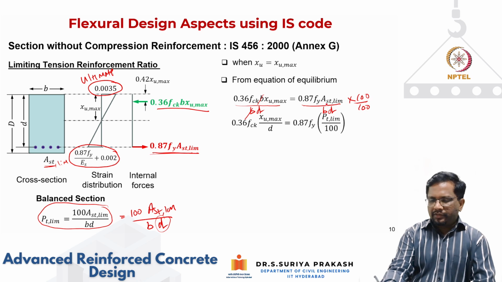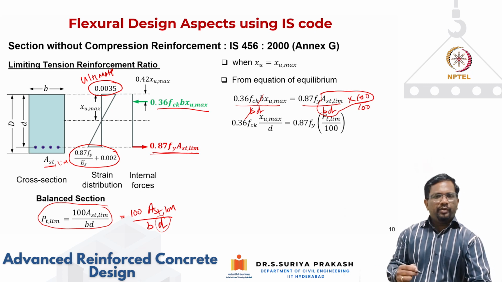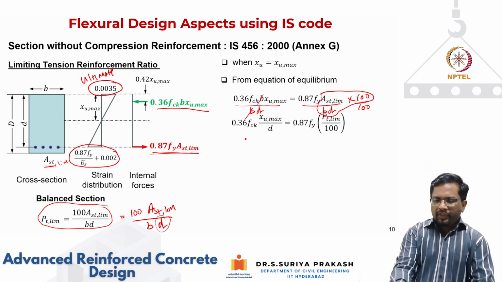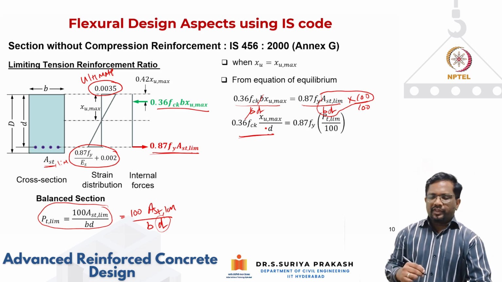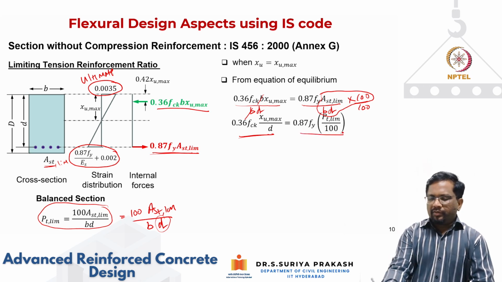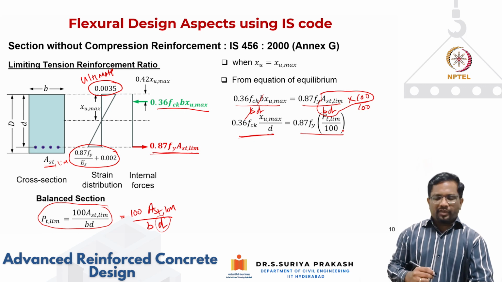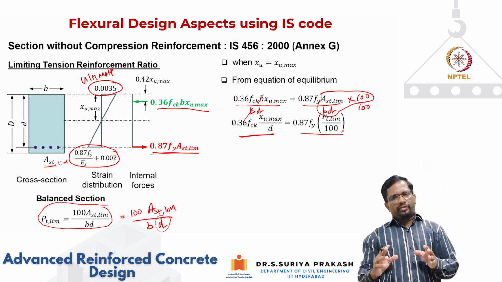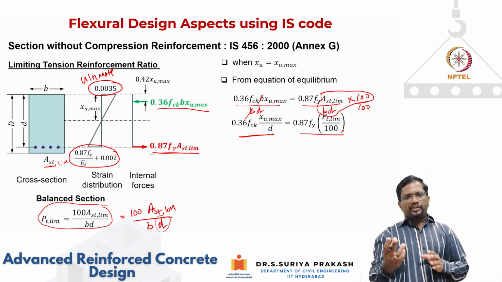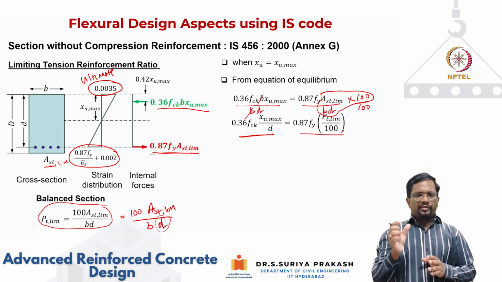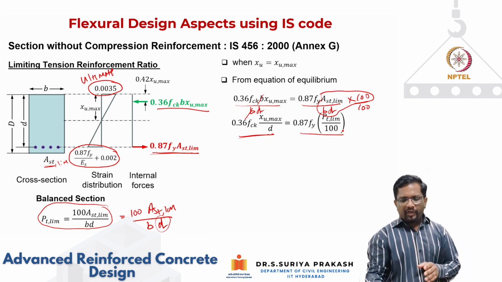Then 100 AST limit by BD will become your PT limit. So then this equation becomes 0.36 fck Xc max by D equals 0.87 fy PT limit. So basically, I am trying to express the area of tension steel in terms of percentage of steel. Okay, that is the only thing that we have done.